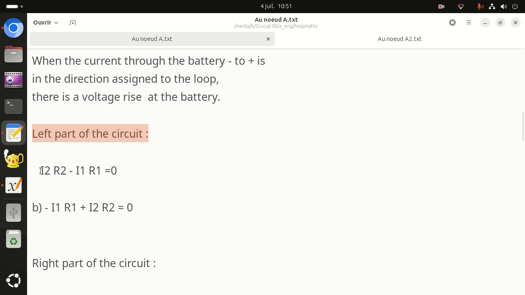You have the voltage V2, and this is the voltage V1. Okay. Alors, why is the voltage V2 positive?